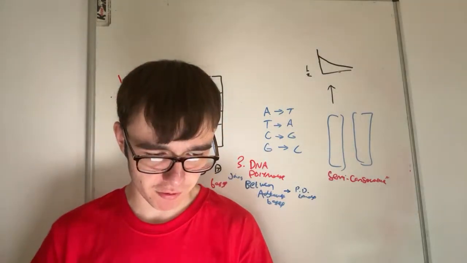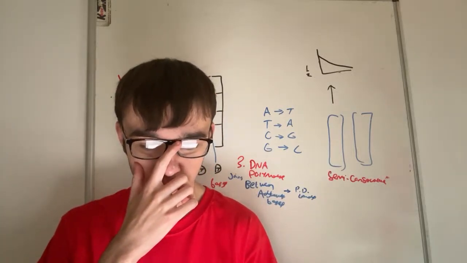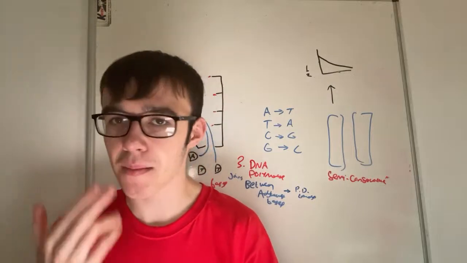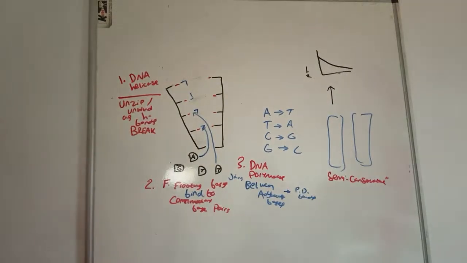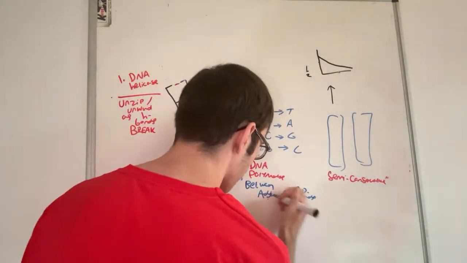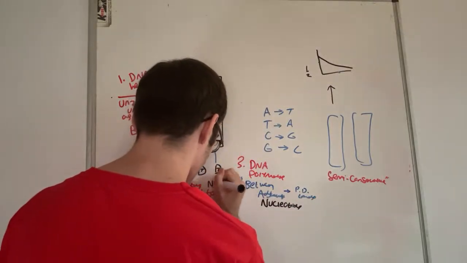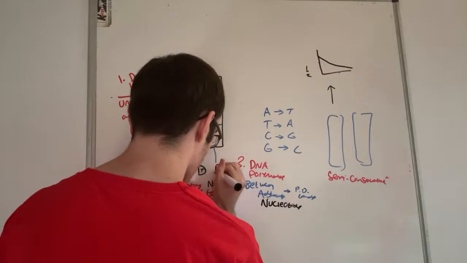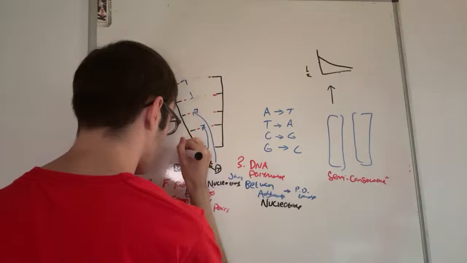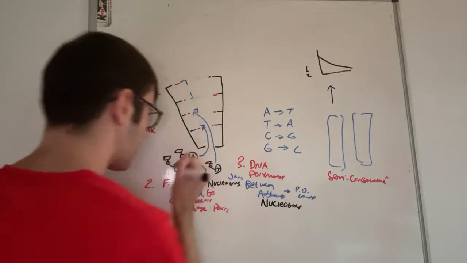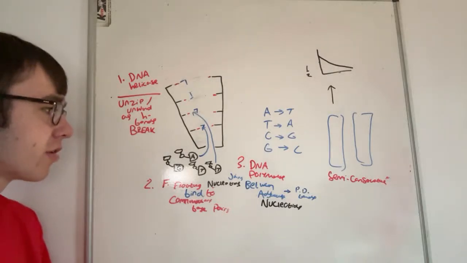Right, 20 questions. Let's go through these. During semi-conservative DNA replication, once separated, each strand of a DNA molecule acts as a template to which complementary free-floating nucleotides... Okay, free-floating nucleotides bind to their complementary base pairs.